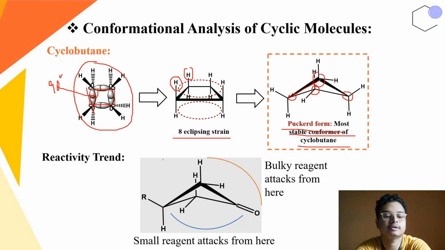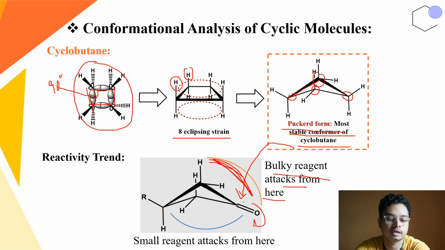Now if we check the reactivity, you can find that this site is much more strain free, and that's why bulky reagents attack from this site, and the carbonyl will go to the lower side.